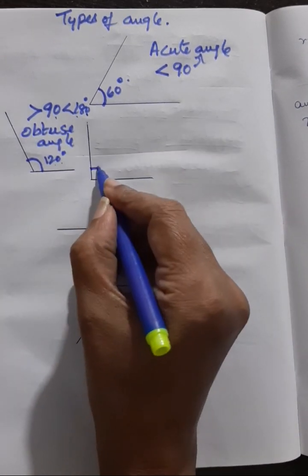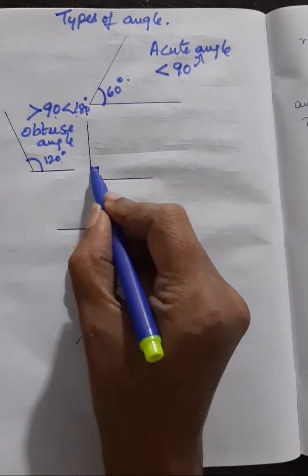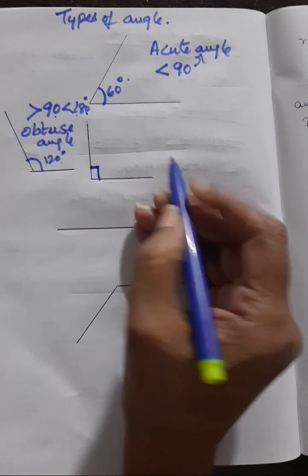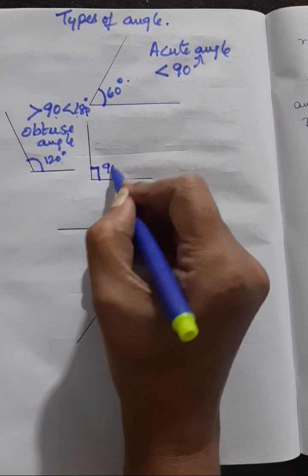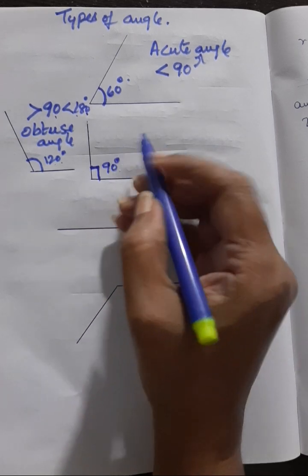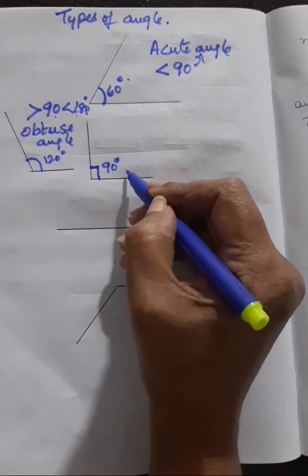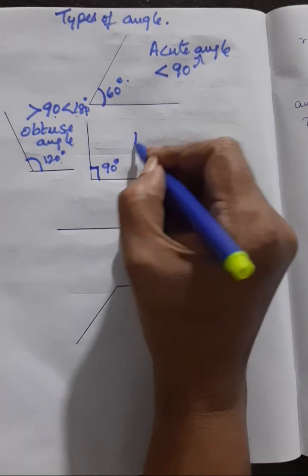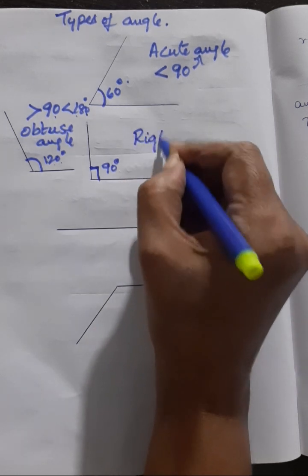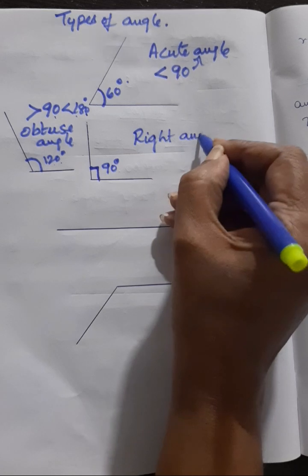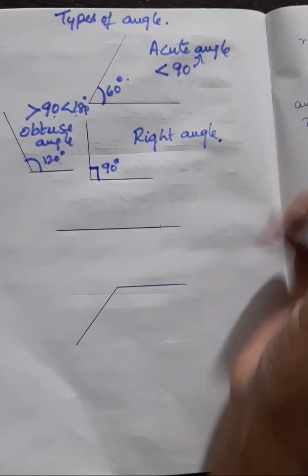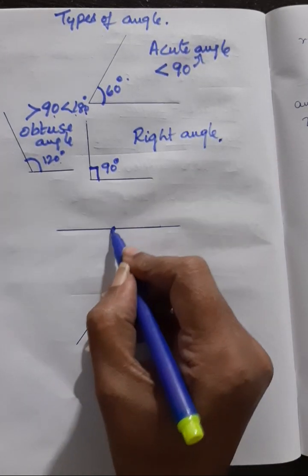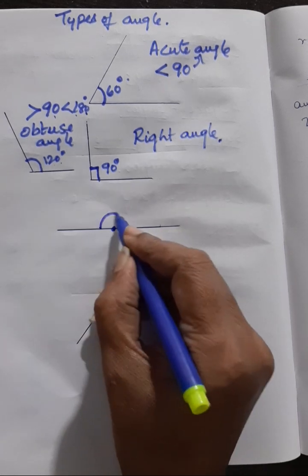Next is right angle. So the symbol is like this way. Okay. So we call this as 90 degree. So the angle which measures 90 degree, we call it as right angle. Okay. Next one is straight angle.